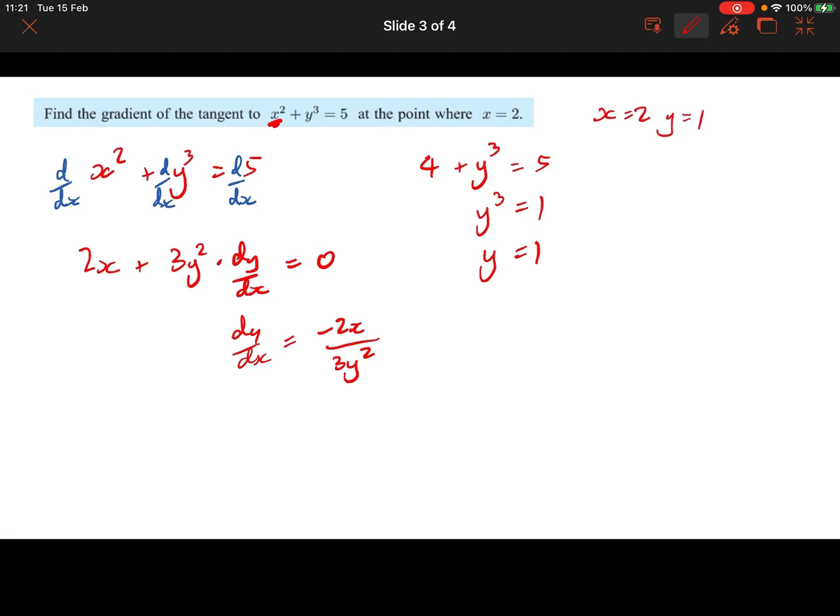So now I can sub in, and dy/dx equals minus 2 over 12. So it equals minus a sixth. So the gradient at the point where x equals 2 is minus 1 over 6 for this function here. Okay.